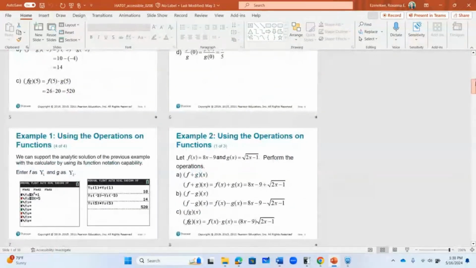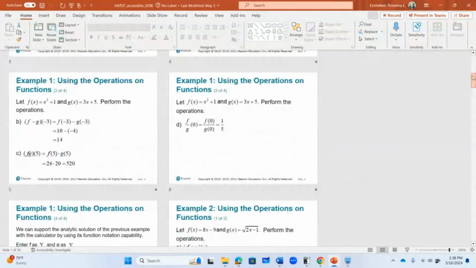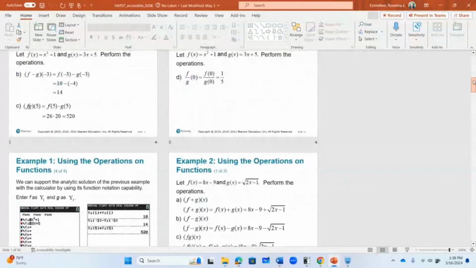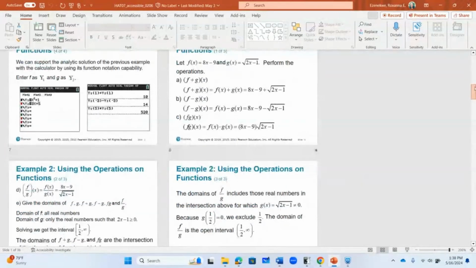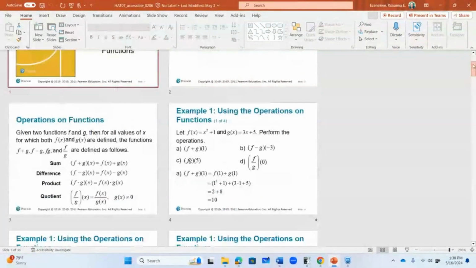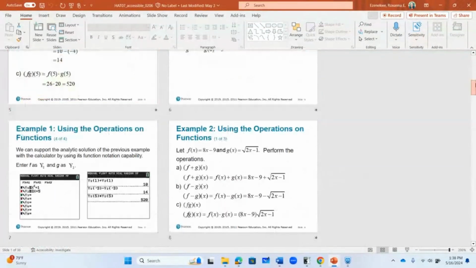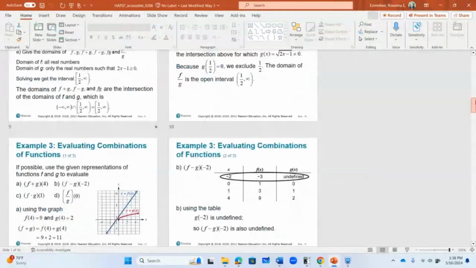See, this is what we were talking about before. I want you to see that all those manipulations are here, how you can do it with your calculator. They're already in your PowerPoint, so you can look them up. Don't forget to read your PowerPoint.